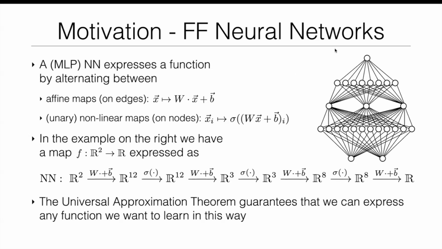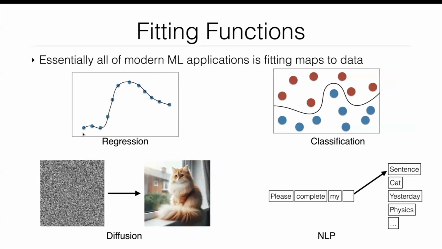So in the end, these neural networks, or most of the tasks we are applying neural networks to, are just function fitting. In regression, of course, that's straightforward. Let's say you have a bunch of points, you want to find some function that describes these points best. You can just fit a neural network to it. If you have a classification task, you need to find some decision boundary which separates cats from dogs, let's say.